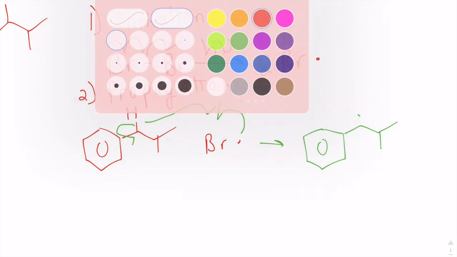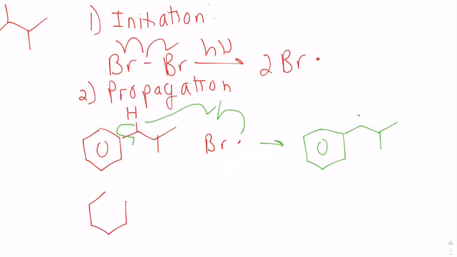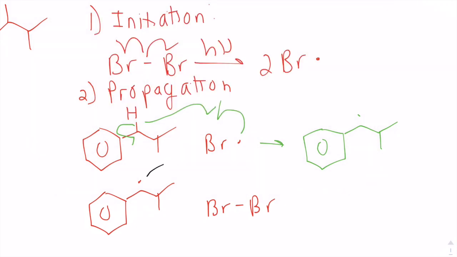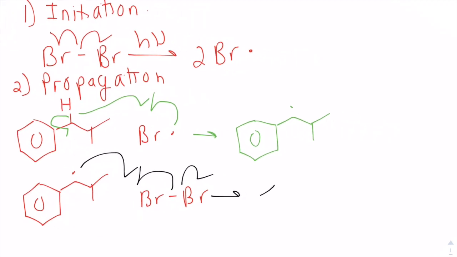So if I take that product from the first step of propagation, and I take another source of bromine, now that radical is going to react with the bromine to add the bromine onto the carbon skeleton, and then generate another bromine radical. So we just added bromine to the most substituted position, and the reason we chose that position is because, remember, the bond dissociation enthalpy for that carbon-hydrogen bond is relatively small because of how stable that radical is.